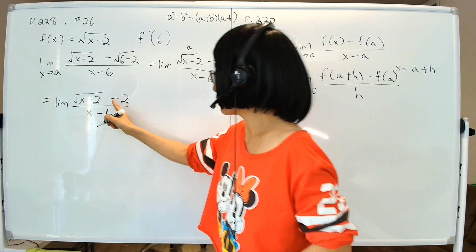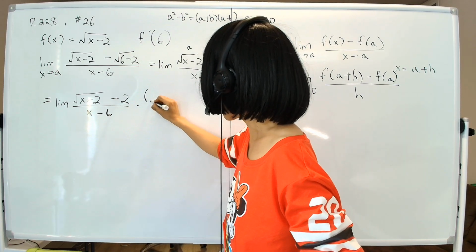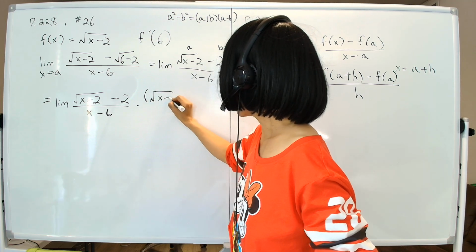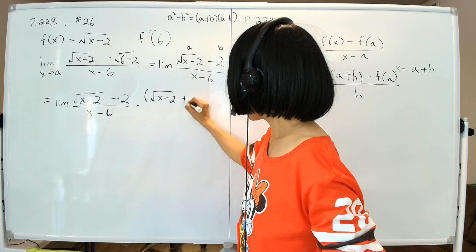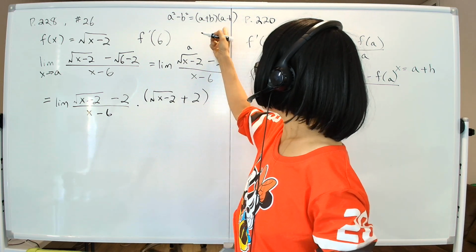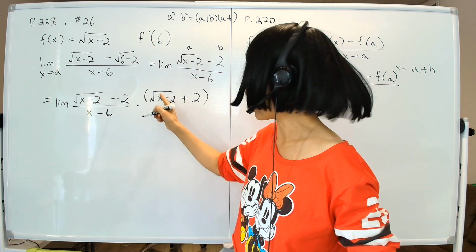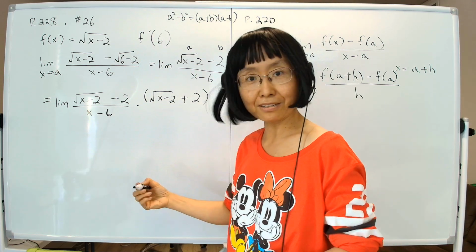And then being that this is the minus, we'll multiply by the plus version. So you multiply this exact same thing. So square root of x minus 2, except the difference is we're going to do plus 2. Why? Because that will achieve the difference of squares effect and get rid of the radical sign, the square root. And that's the goal of doing this.